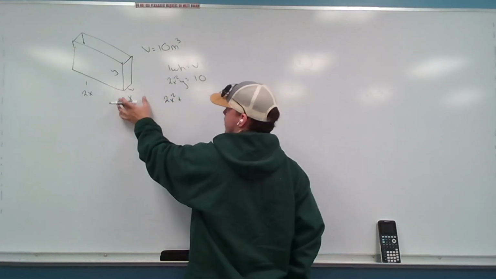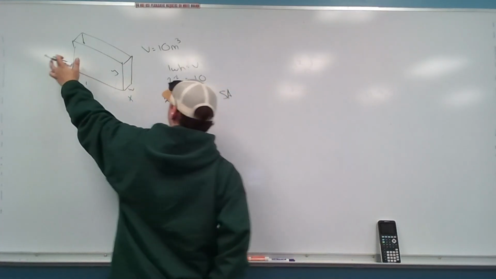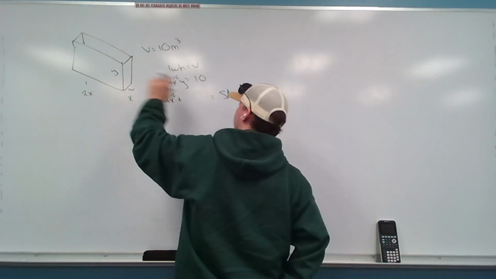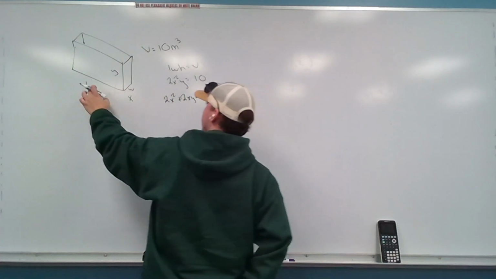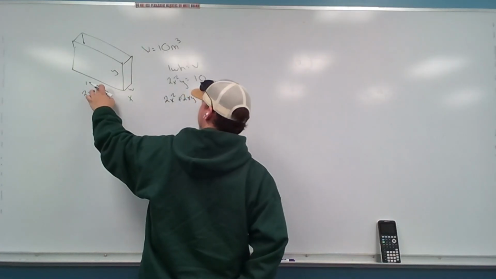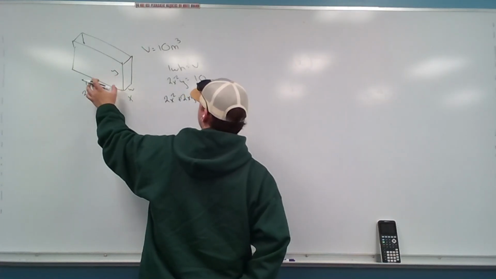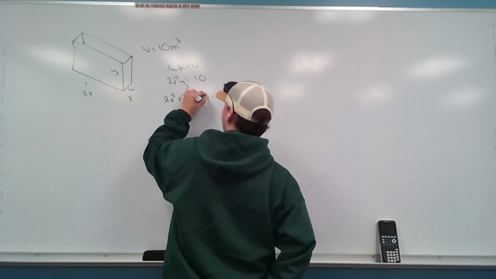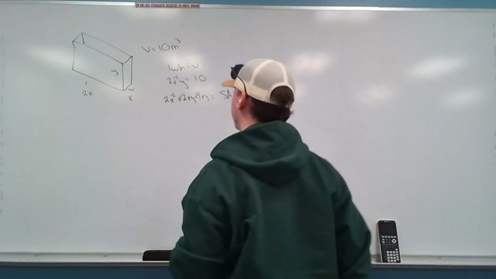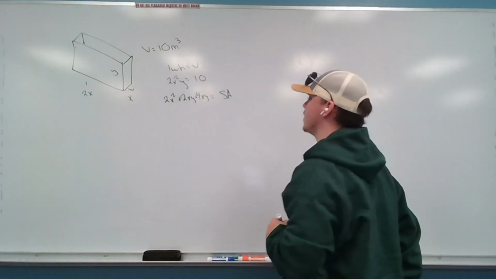So let's plug it in. For this side and the other one, it's going to be xy, so 2xy, plus 2x times y is going to be this side, and then 2 for that, so it's going to be 4xy. And then that's going to get us our surface area.